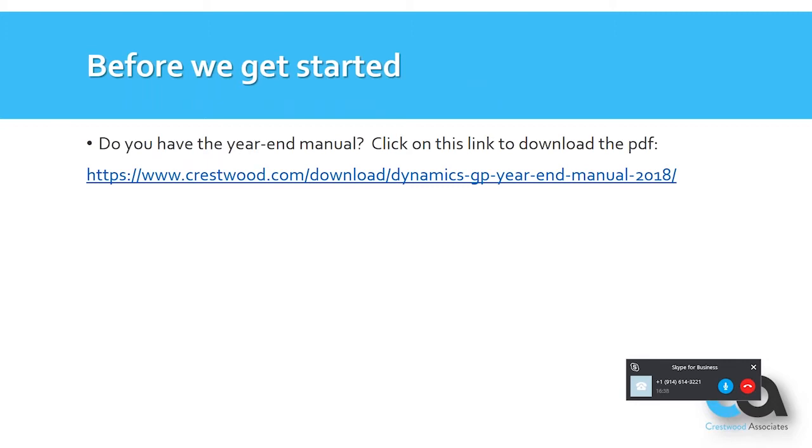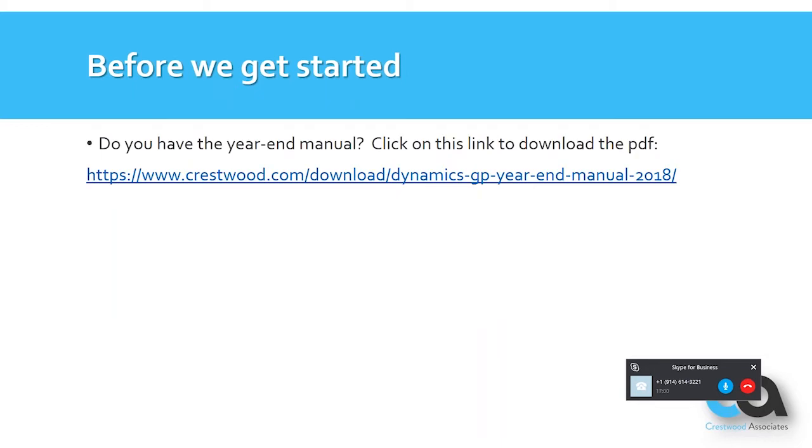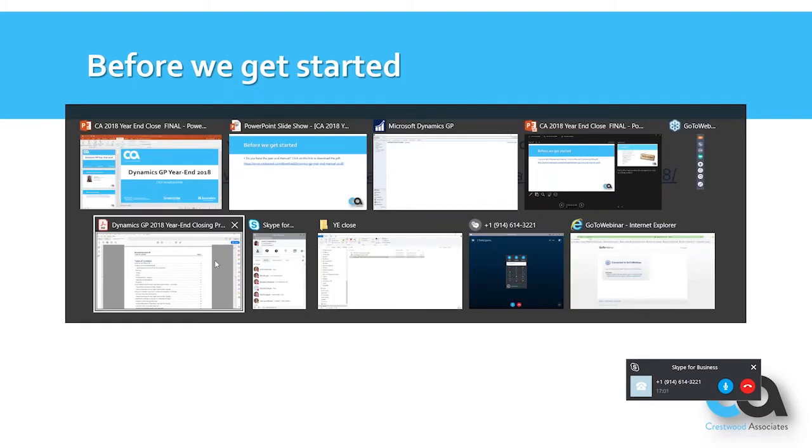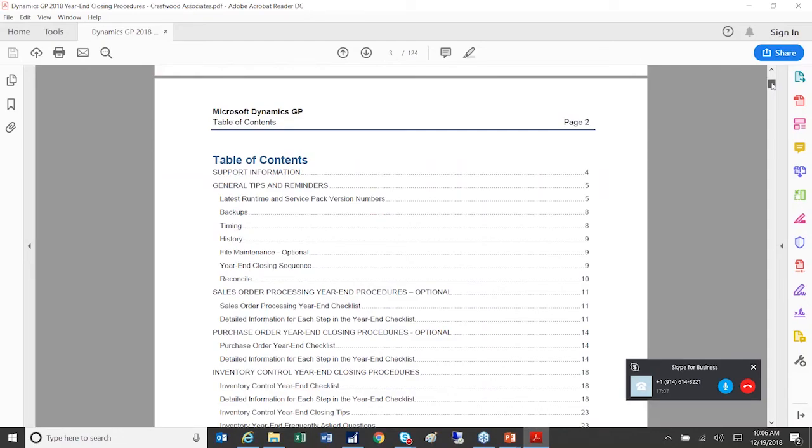So before we start, as Amber mentioned, we have an excellent manual available for you, and you can download it here, and there's also a link in our meeting today, so you could download it as well. Just to get a nice preview of it, this is the manual that we have prepared, and it has a wealth of information in here.